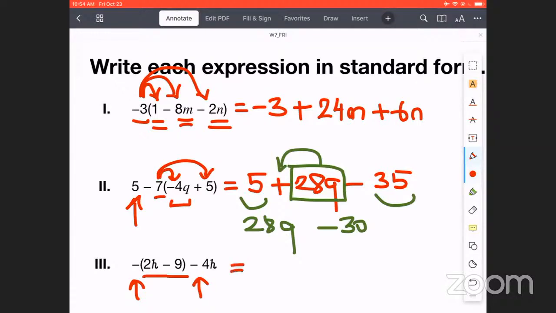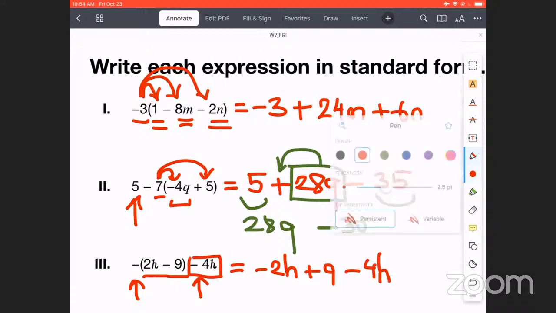If I open up the parentheses, it becomes negative 2h because 2h is a positive term inside the parentheses, and there is a minus 9, so it has to be plus 9 this time because it reverses. And the last thing, I didn't touch anything with minus 4x, right? So it remains the same because that negative sign in front of the parentheses only affects inside the parentheses.